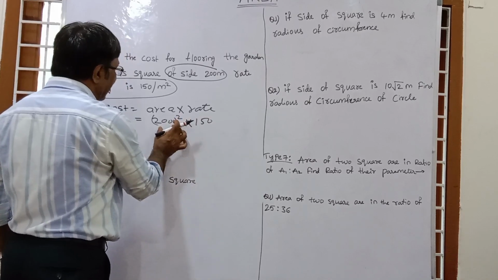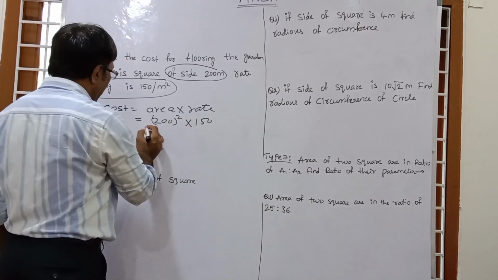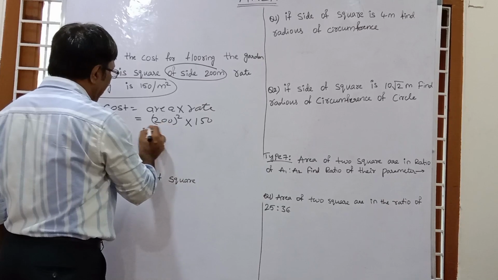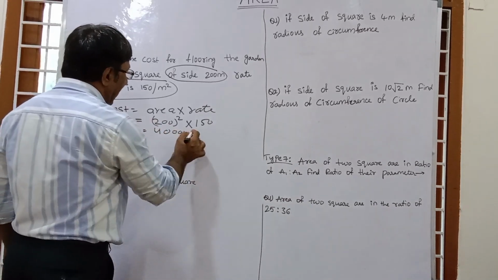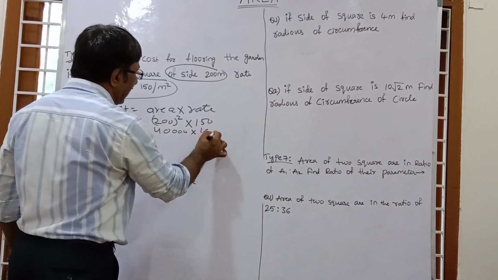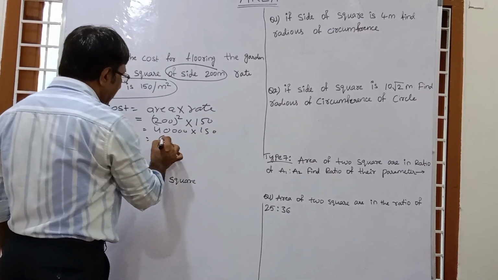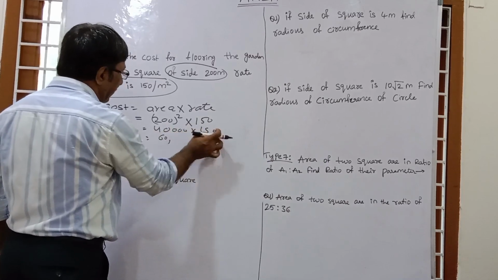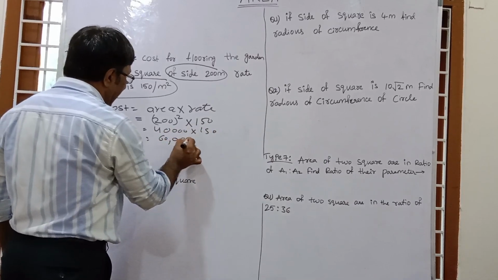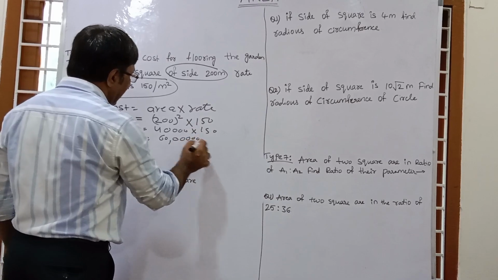So 200 square into 150. Now 200 square is 2 square 4, so this is 4 and four times 0, and this is 150. So 15 4s are 60, and 450. So this is 50. This is your correct answer.